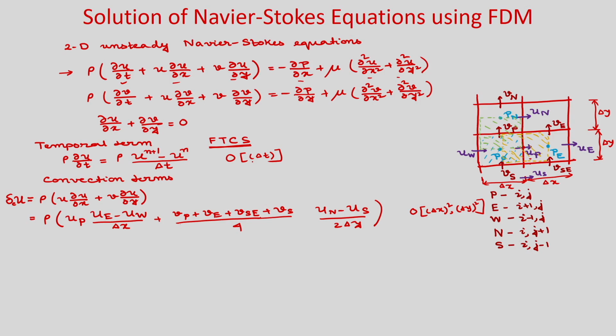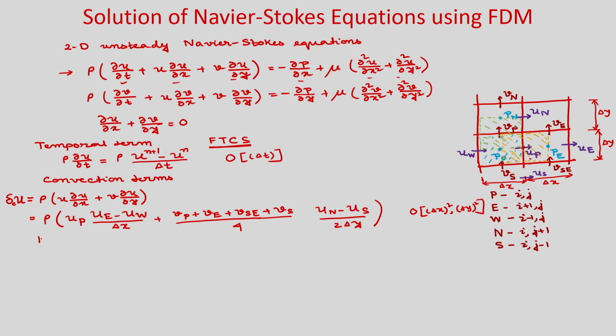Now, let us discretize the pressure gradient term, minus del p by del x. We need to find this for the UP cell, because we are solving the x momentum equation, and for that cell we need to know the pressure gradient.